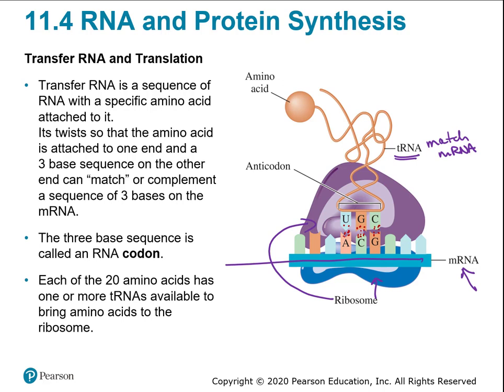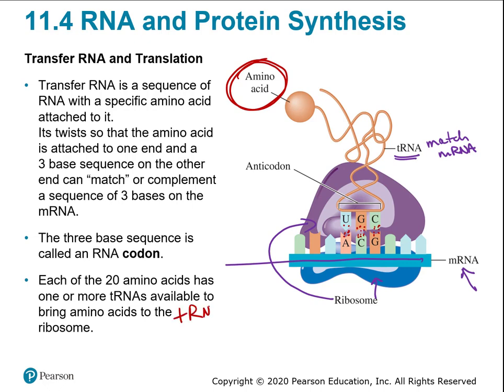So you can think of them like they come in and they sit down. All 3 of those have to match. If one doesn't match, then it's not going to be uniform and it won't be able to fit into that spot. But the right tRNA fits, that's the amino acid that belongs there. The tRNA is carrying an amino acid.